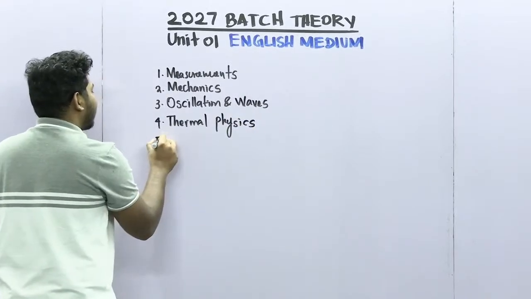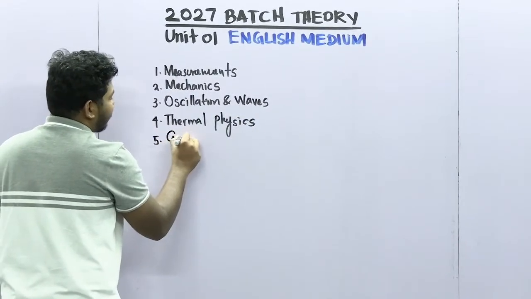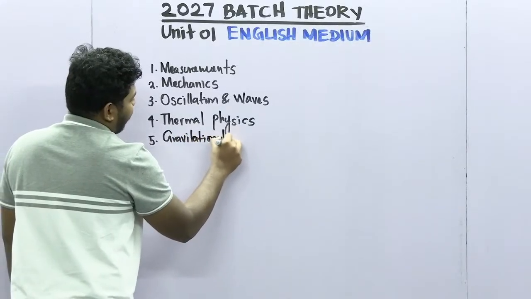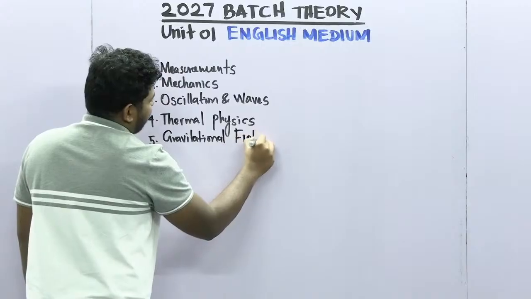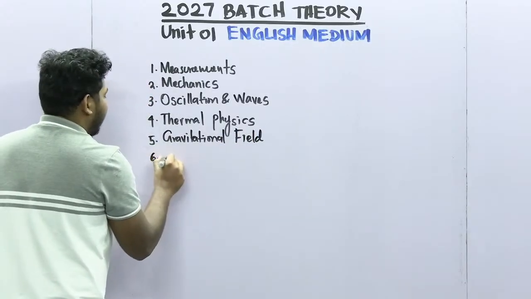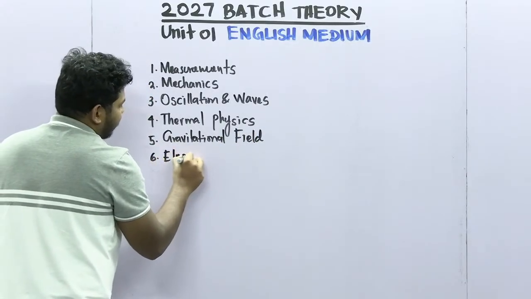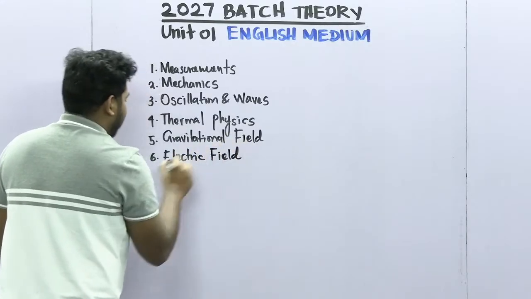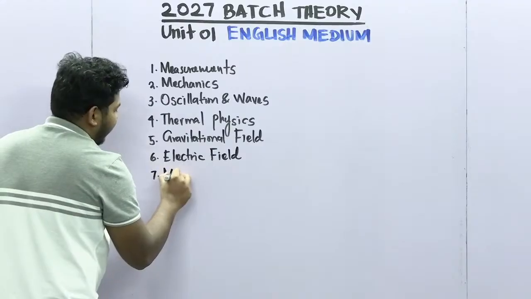Fifth one is gravitational field. Sixth one is electric field. Seventh one, magnetic field.